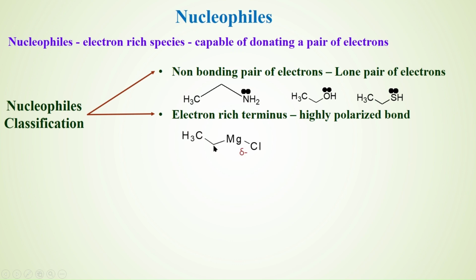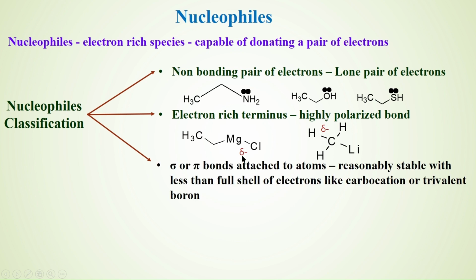When carbon is combined with metals like magnesium or lithium, magnesium is more electron rich than carbon. This donates the electrons to the carbon and makes it electron rich. That's why the carbon combined with magnesium is electron rich, which is represented as delta minus.